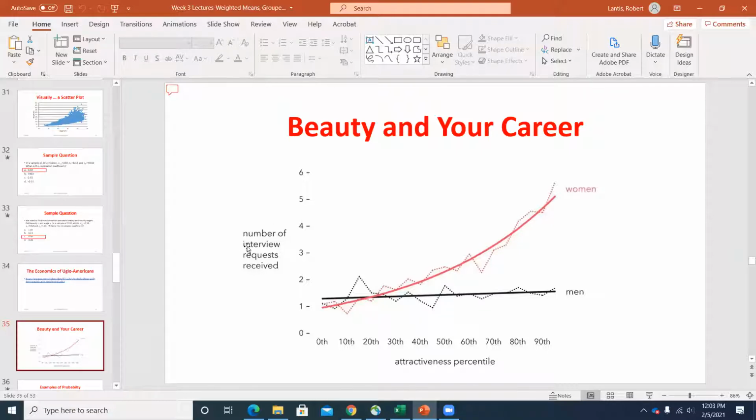So he had some work on that, but the more interesting study they did was instead of looking at wages, they looked at another labor market statistic, which was the number of interviews requested. So they had this group of people and they took pictures for their LinkedIn profile, and then they had like 100 random people evaluate or rank these people based off of looks, right? So they've got these percentiles, right? Each individual was in a certain percentile.